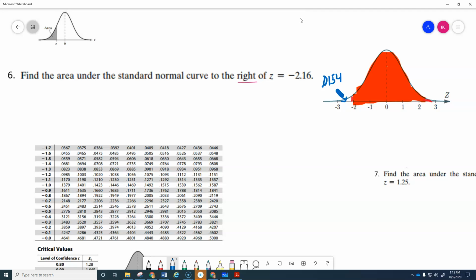That's this piece right here. The piece that they want is 1 minus 0.0154.